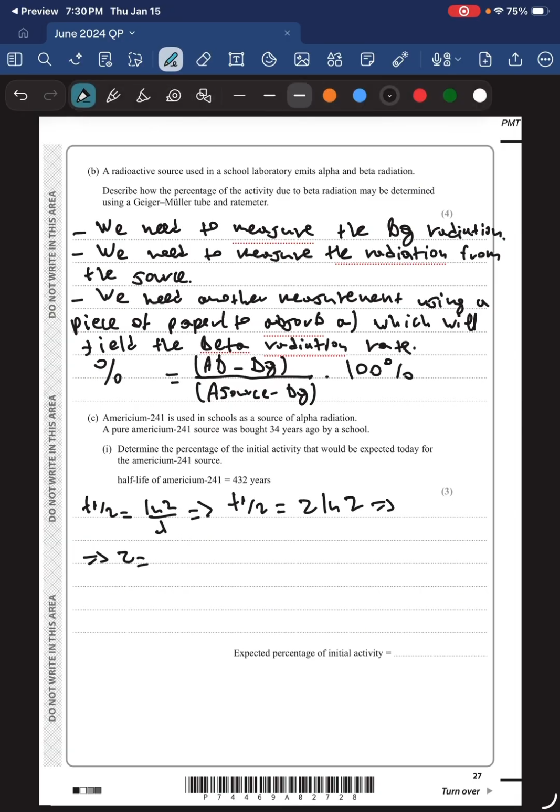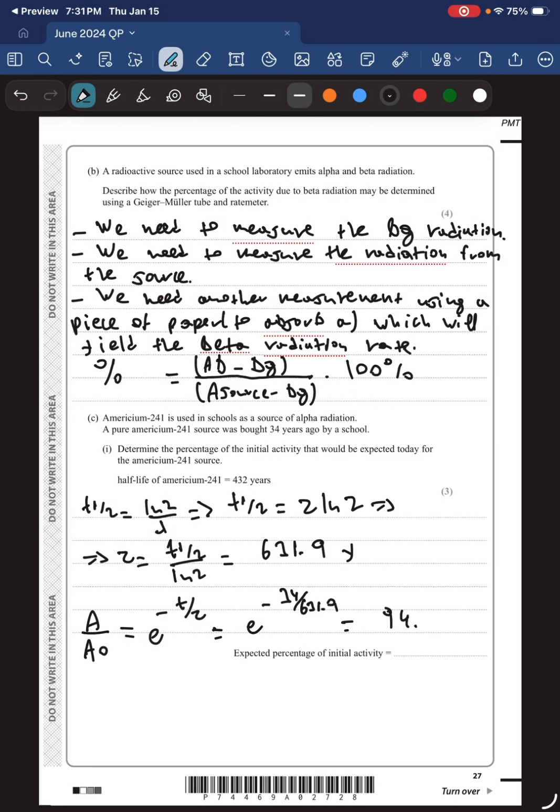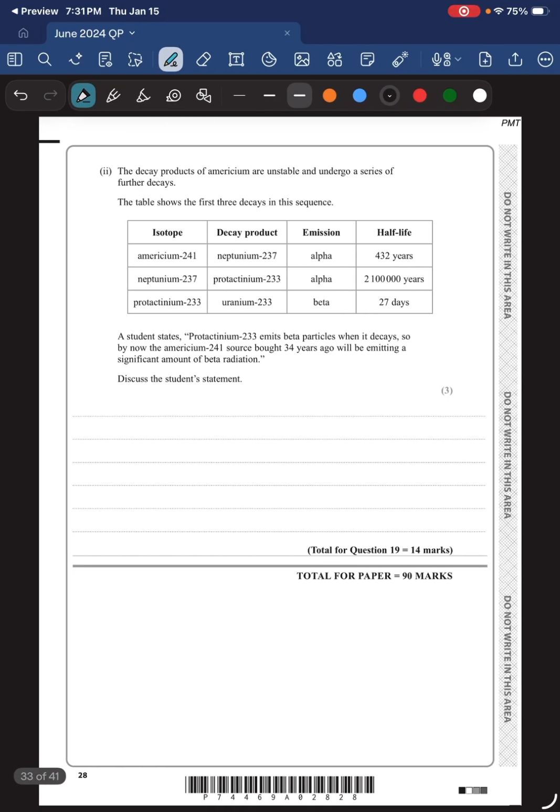Okay, so tau is T1/2 over ln of 2, or 631.9 years. So the activity now over the initial activity will be equal to e to the minus time over tau, or e to the minus 34 over 631.9, which will give you 94.8%. Okay, that's the answer.